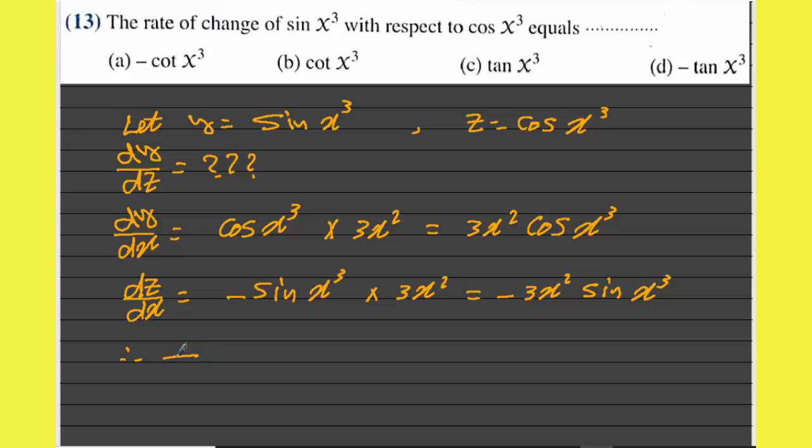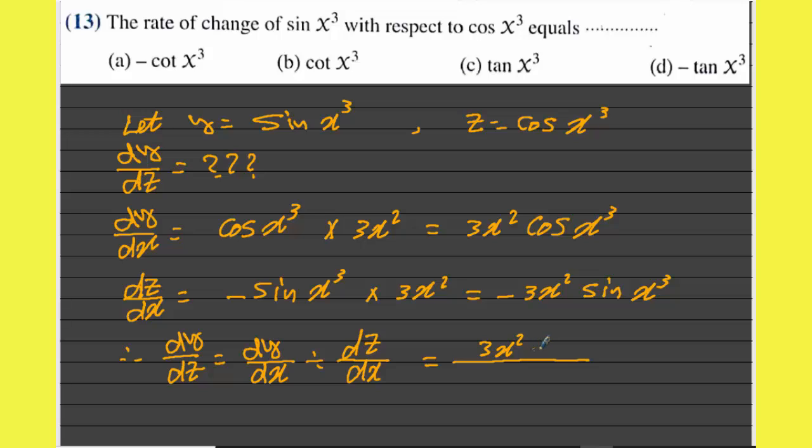So dy/dz equals dy/dx divided by dz/dx, which equals, I'll put it as a numerator and the denominator, 3x square cosine x power 3 over negative 3x square sine x power 3.